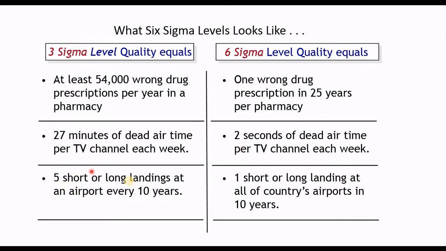Another: 5 wrong landings in one single airport in 10 years at a 3 sigma level, and just one wrong landing in all the airports of the country in 10 years at a 6 sigma level. So that's the jump in quality when you increase the sigma level.